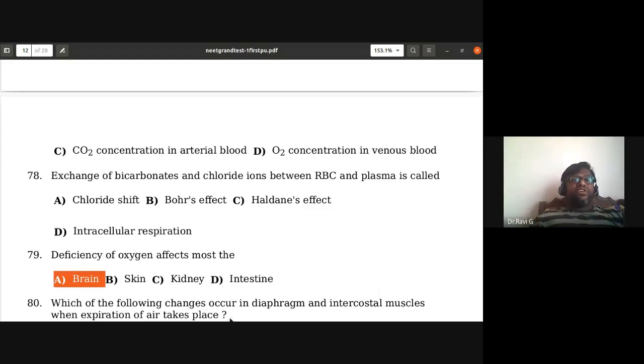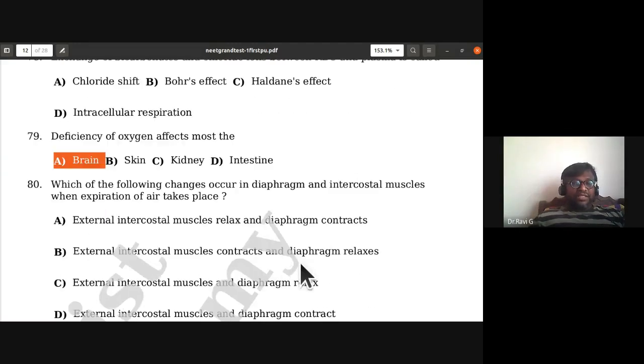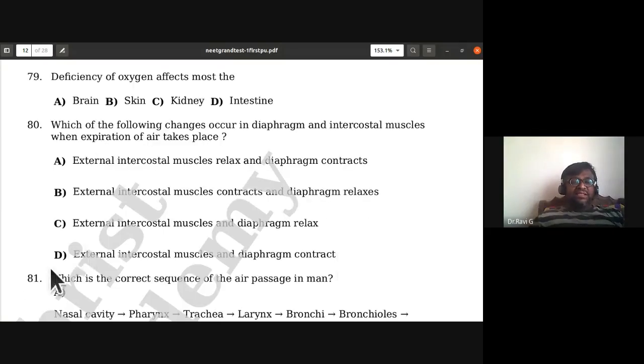Okay. So which of the following changes occurs in diaphragm and intercostal muscles when expiration of air takes place? See here the answer is wrong. They have given B in your answer key, but the correct answer is, so the external intercostal muscles and diaphragm, are they going to contract?